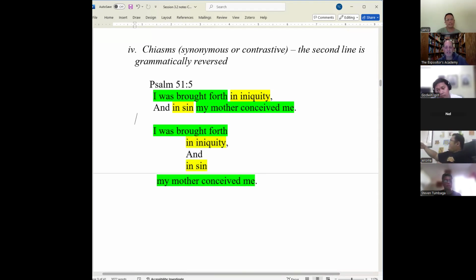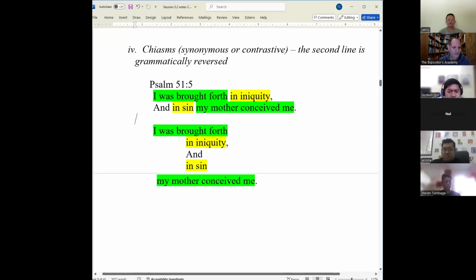And he also emphasizes iniquity and sin in this psalm by repeating it all through the psalm: iniquity, sin, wickedness, transgression, evil. He uses all those synonyms all through the psalm. So we really get this sense from David that he sees his sin and he is accepting responsibility for his sin. So we see it in the repetition, and we see the emphasis and emotion in chiasms.